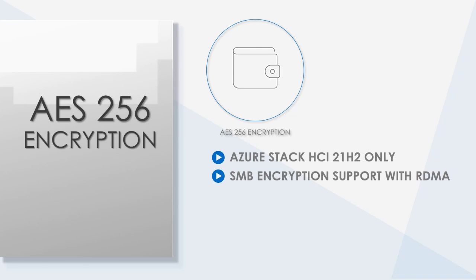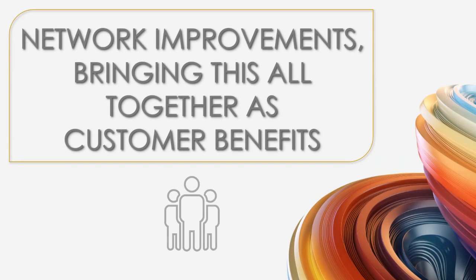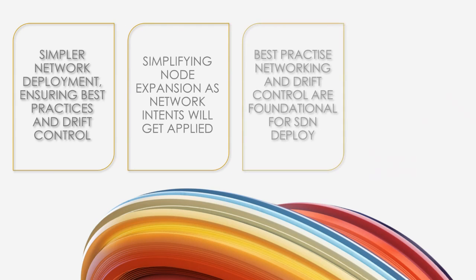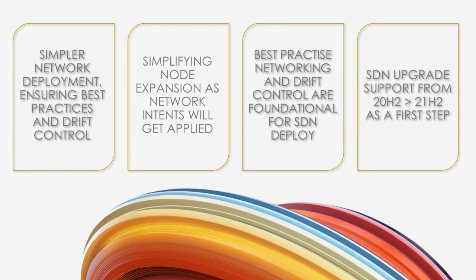So with that, this brings us to the end of the presentation, and moving on to the next slide. In terms of networking, we really come down to this simpler upgrade of SDN, simpler node expansion.